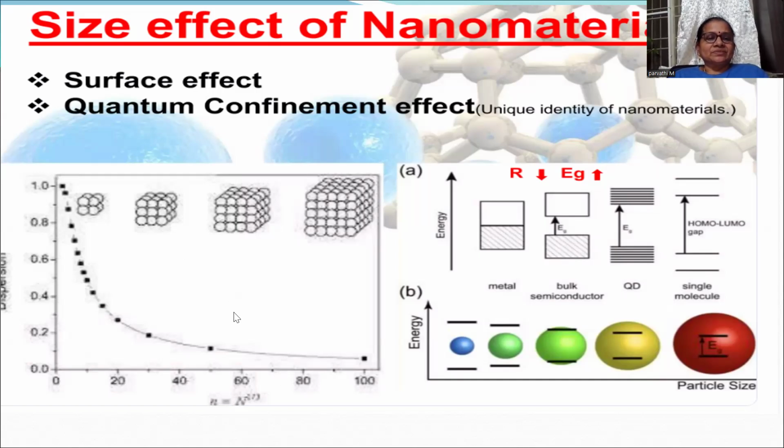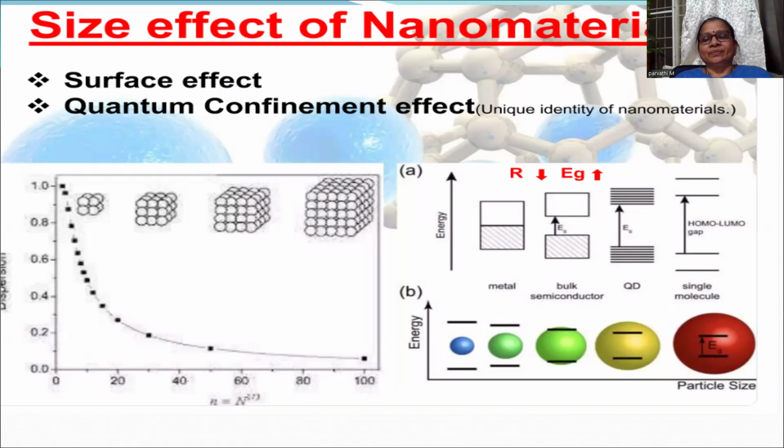So in the graph, you can observe the bulk material with the higher group of elements, it is at 100 nano, and then 60 nano a little bit lower, and then 20 nano, 40 nano. So their disposition is very high. That means the movement or the confinement of nanomaterials is different compared to bulk materials.